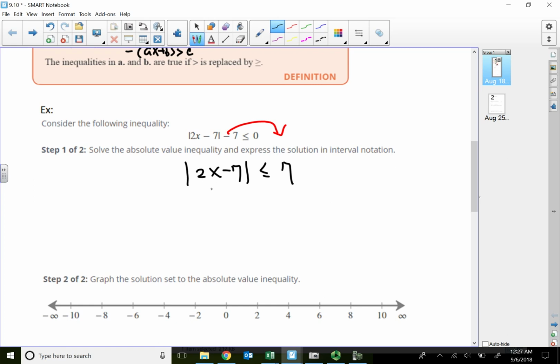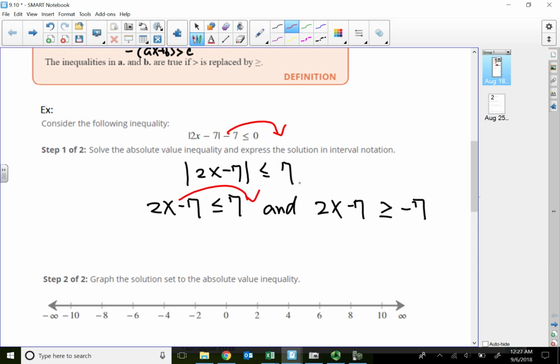Now set up two different equations. Take that 2x minus 7 and set it less than or equal to positive 7, and take the same 2x minus 7 and set it greater than or equal to negative 7, because if the other side is negative 7 instead of positive 7, the inequality has to be switched.